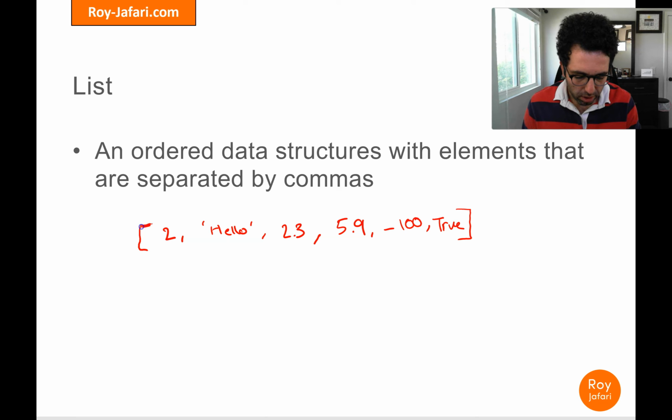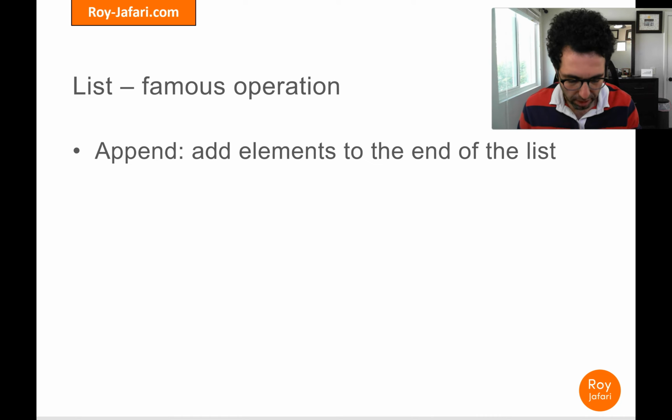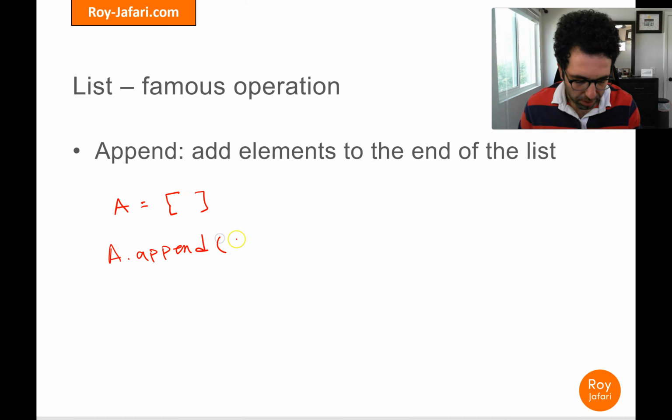Python uses brackets to signify a list, and the famous operation for a list is append. Appending is basically adding one more item to a list. For instance, I define A as an empty list, and then I say a.append(20).